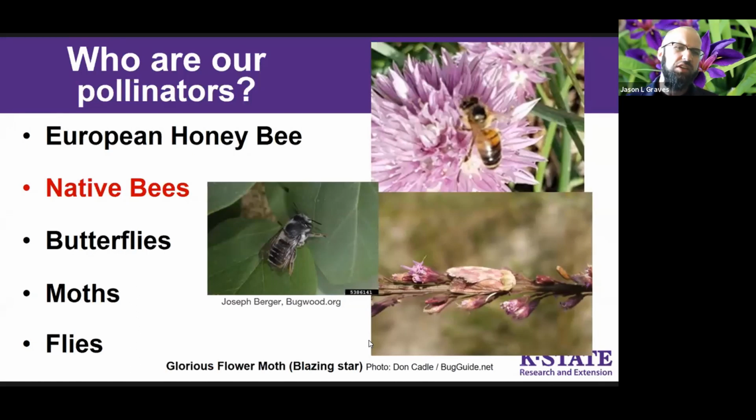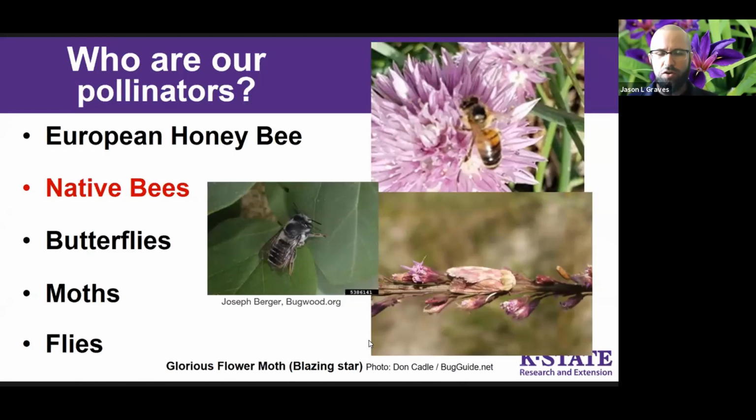And we want to think, who are our pollinators? This list doesn't include everything that we could call pollinators, but I would say it's some of the most common. Obviously, the European honeybee, native bees, butterflies, moths, flies. We're going to see beetles.